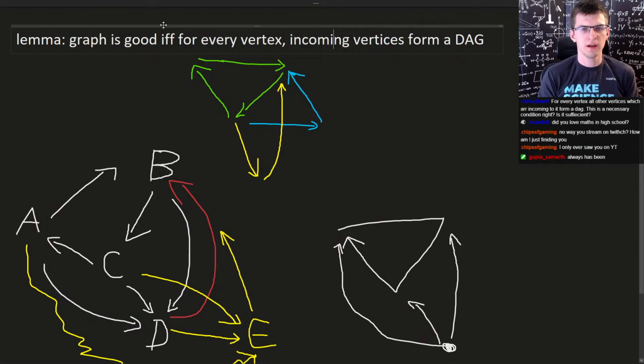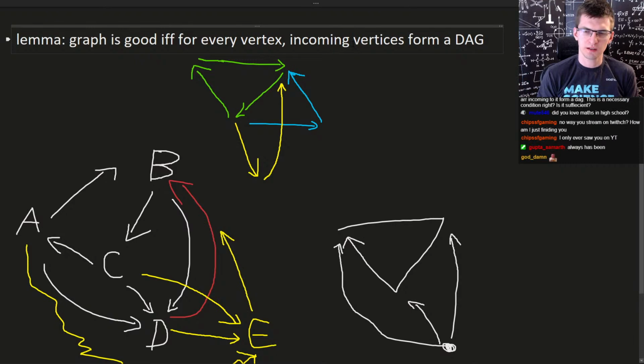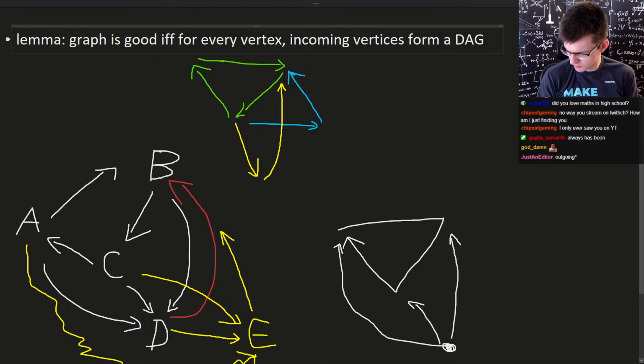That for every vertex, the outcoming edges, like the vertices to which we can get, form a DAG. It's some strange condition there, but I guess possible.